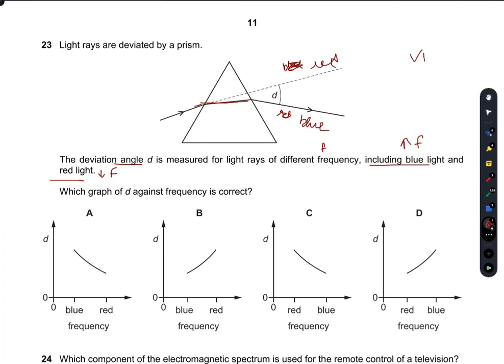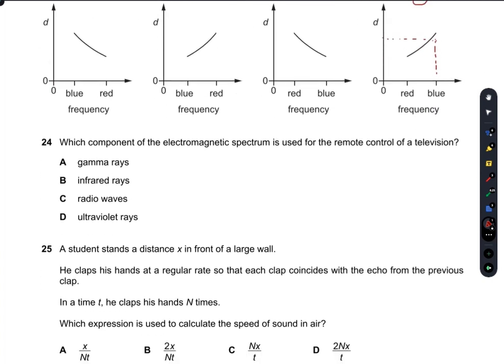If I use the VIBGYOR, then R is here and B, blue, is here, and blue has greater frequency and a greater angle of deviation in comparison to red. So D is your right answer.